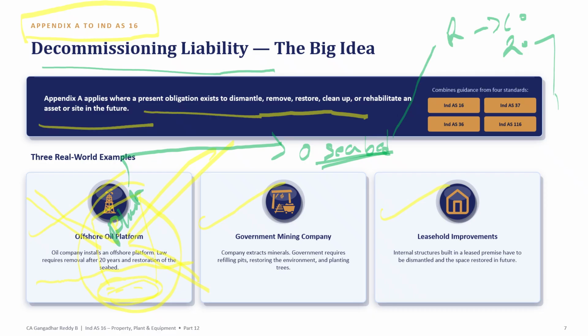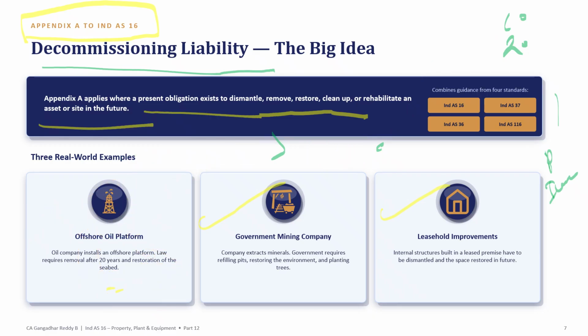Say after 20 years you have to pay and incur cost to restore the asset or seabed that you used or cultivated during the period.